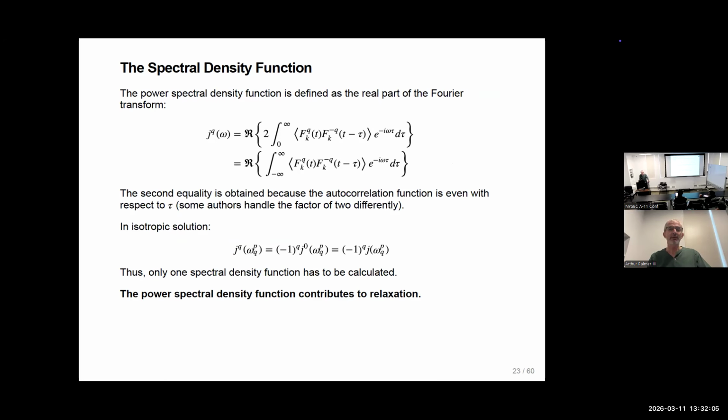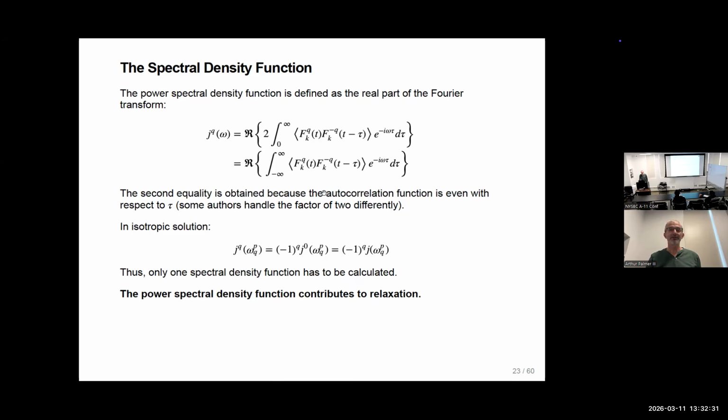So what we call the power spectral density is the real part, and that's going to drive relaxation. The real part then is going to end up, if we were to solve the differential equation, giving terms that look like e to the minus something t, and that's going to be a damping. That's going to be some kind of relaxation.